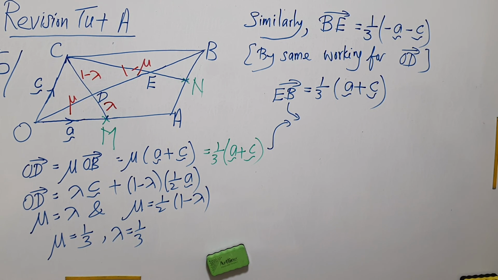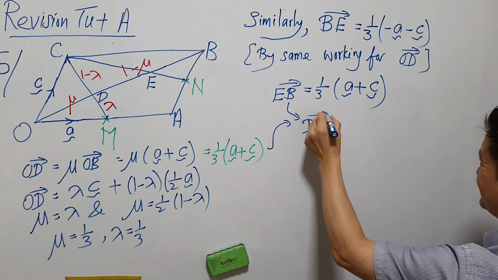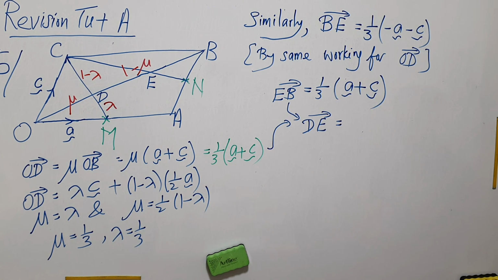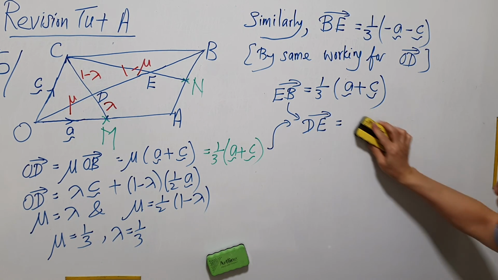So based on the fact that OD is 1/3 of A plus C, and EB is also 1/3 of A plus C, you can conclude that DE is the same.